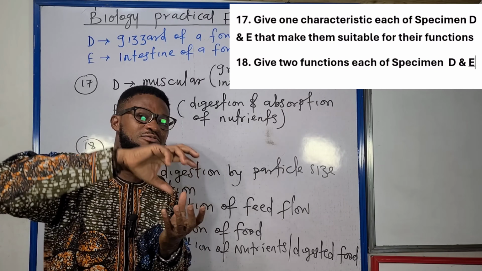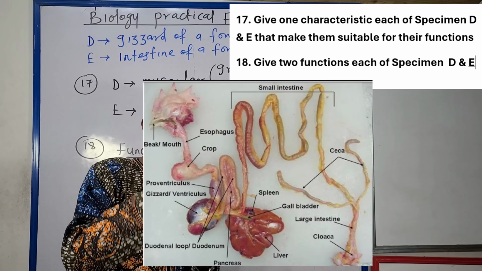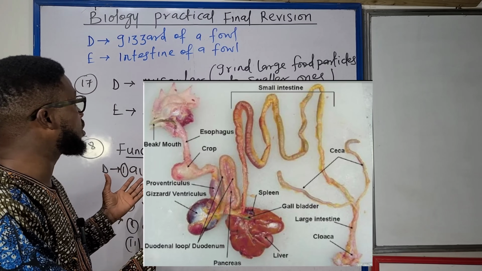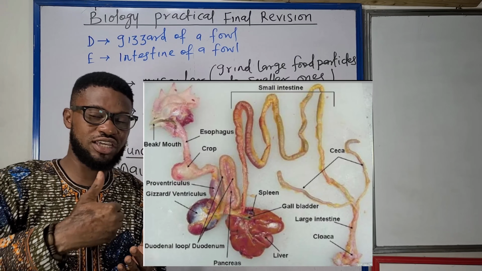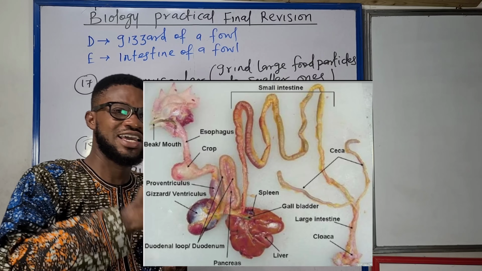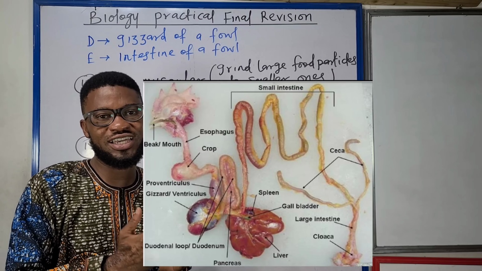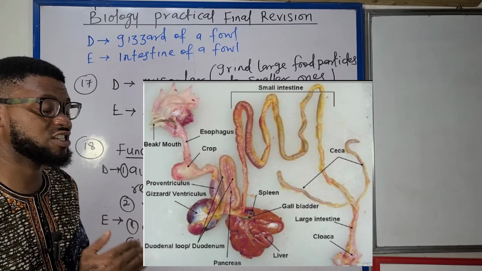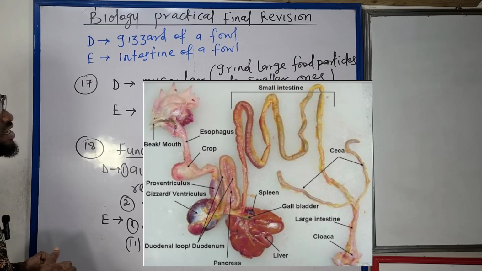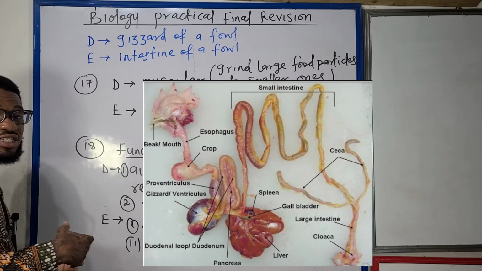As you can see in that diagram, you can see the position of the gizzard. When birds eat, the food gets to the gizzard first, where it will be broken down before it is slowly passed into the thin small intestine, from where digestion is then complete.